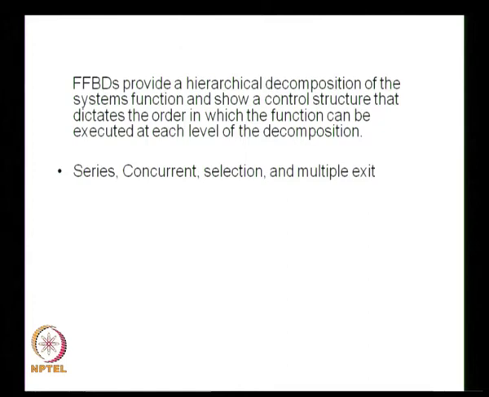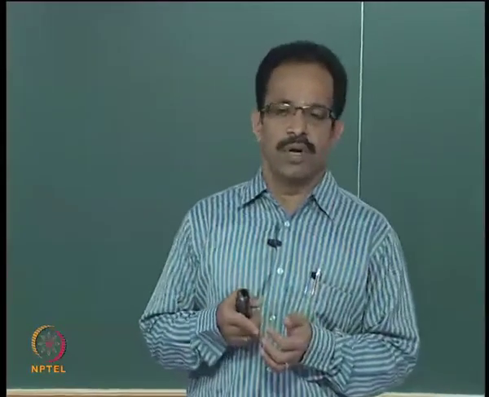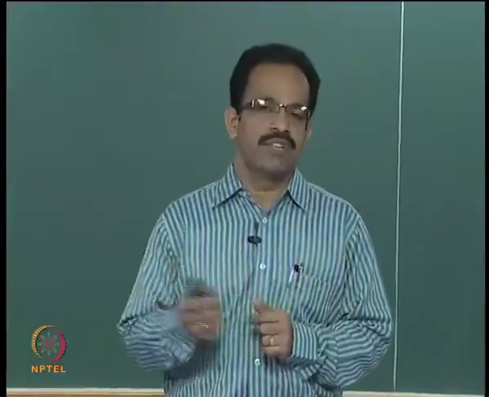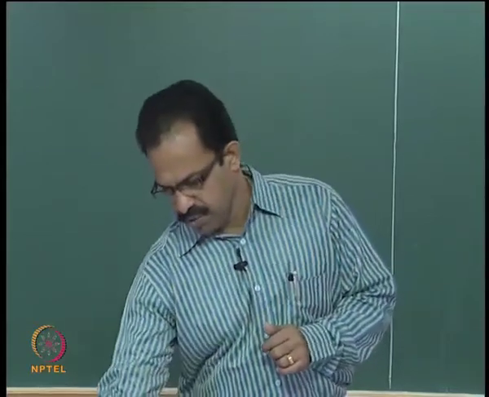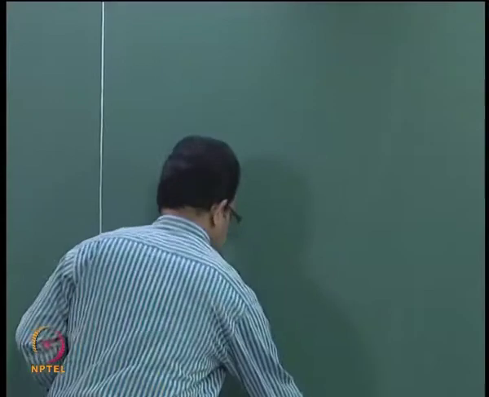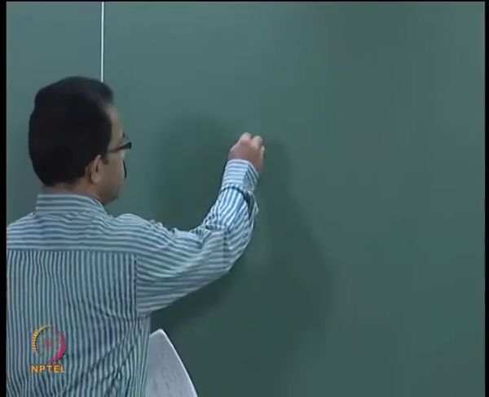We will see how we model these kinds of behaviors, that is series behavior, concurrent behavior, and the selection and exit procedure, using FFBD. We will take a few examples and show the method. In a series structure, as the name suggests, the functions execute in a serial way.